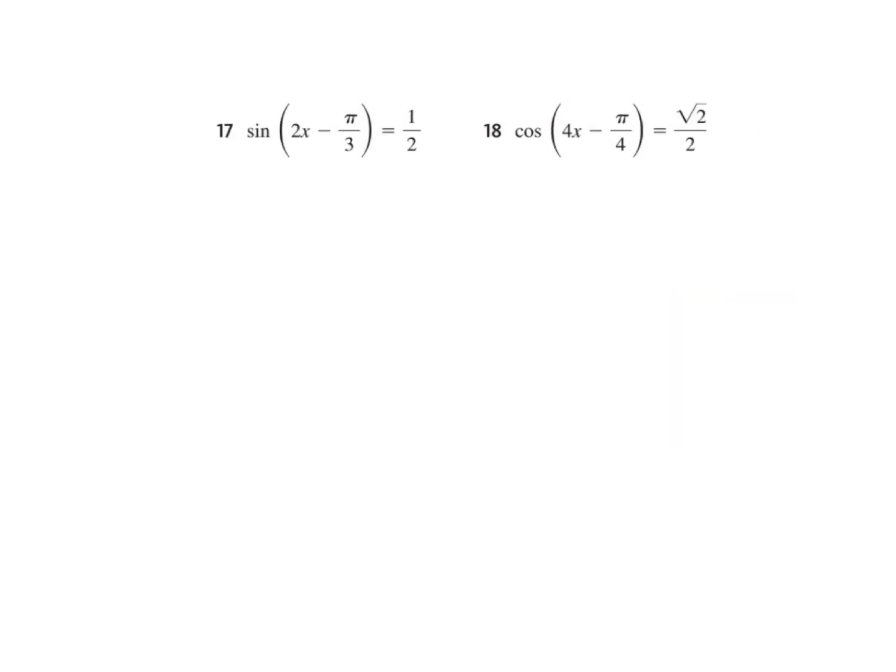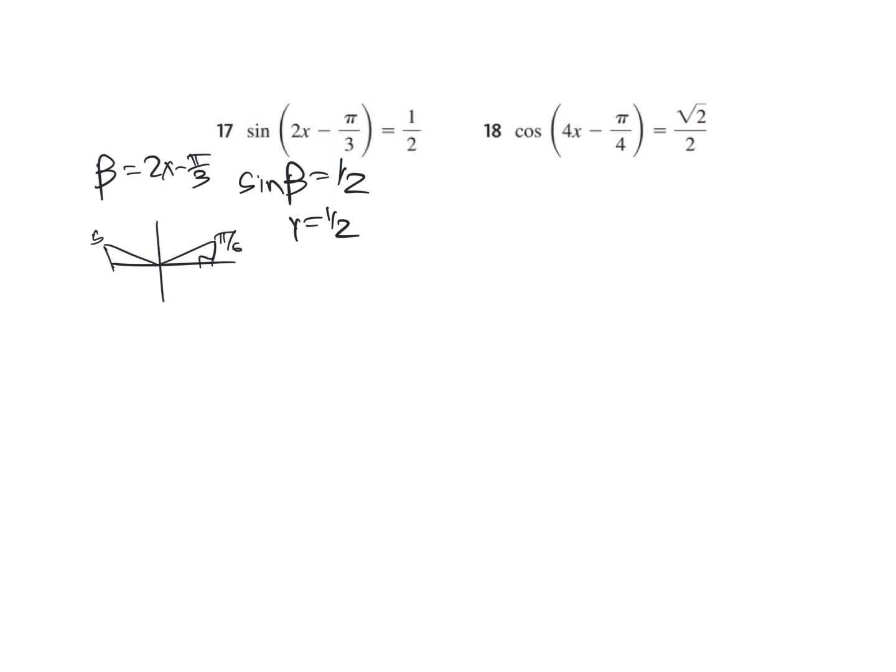Okay, so now we just sit there and say that 2x minus pi over 3 is your beta. So the sine of beta is equal to 1/2, or where's the y equal positive 1/2? So again, you're looking at pi over 6 and 5 pi over 6. Okay, so 2x minus pi over 3 is equal to pi over 6 plus 2 pi n.